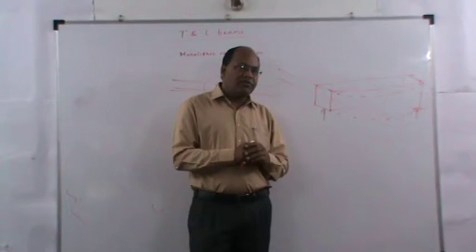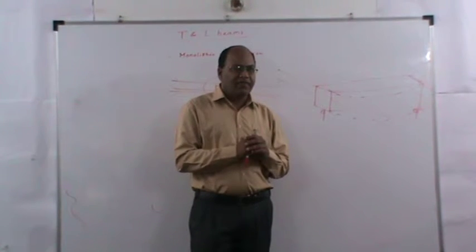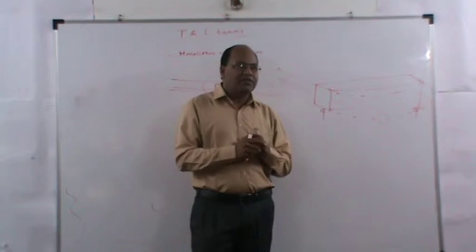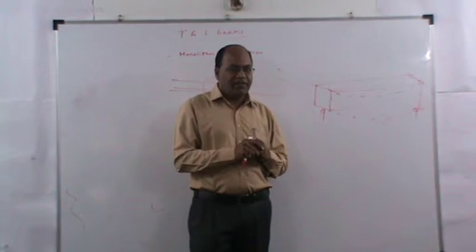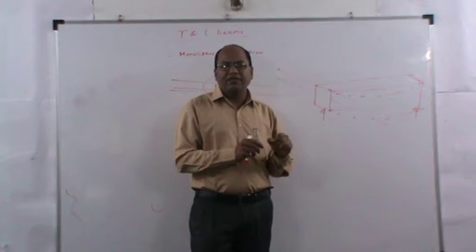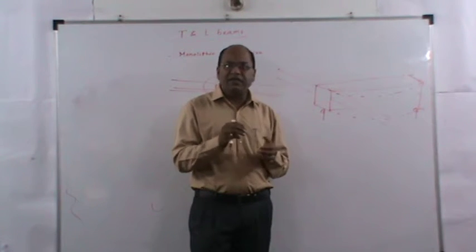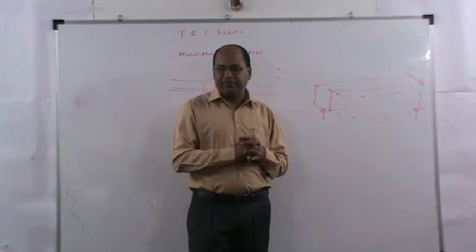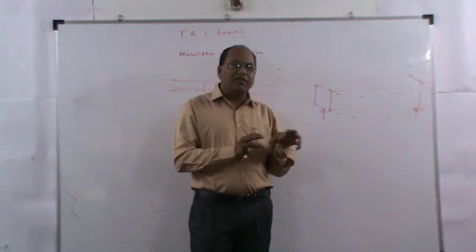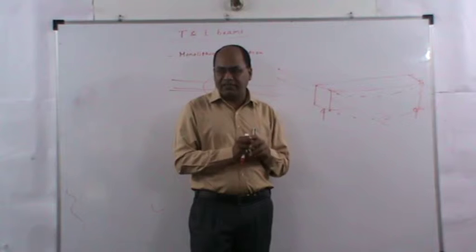Actually, which member is going to bend? The beam. But slab also offers the resistance to this bending. Means slab helps, slab assists the beam in resisting compression. And this joint action is called as flange action.